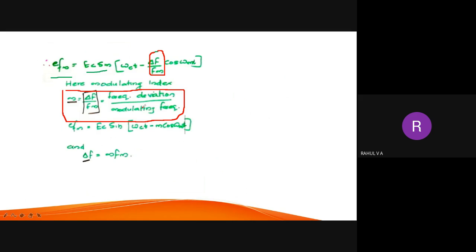So modulation index in FM is equal to frequency deviation divided by modulating frequency. What was the modulation index in the case of amplitude modulation? It is EM, the peak value of the modulating signal, divided by EC, the peak value of the carrier signal. So that is the expression.